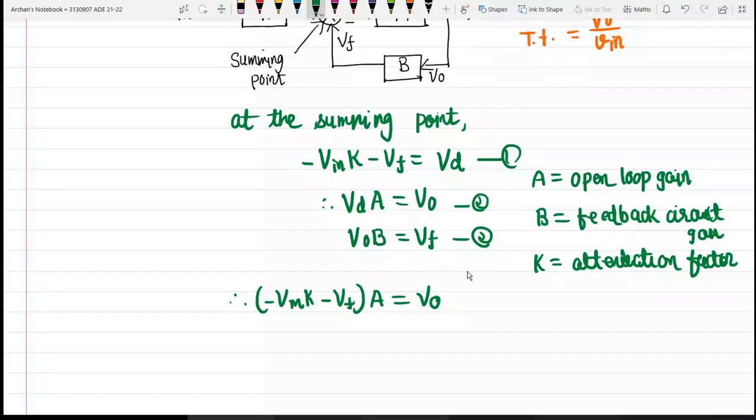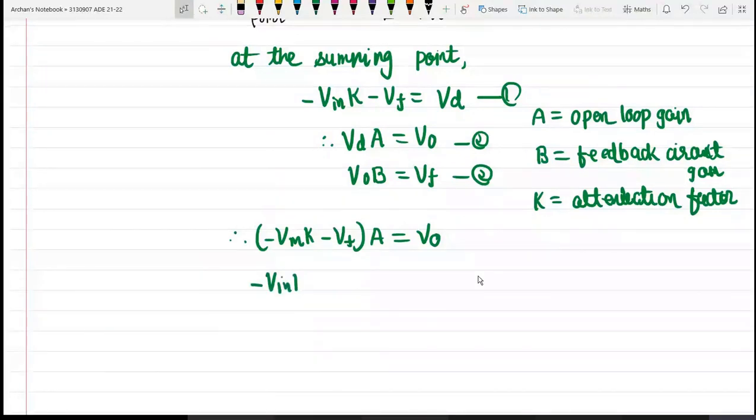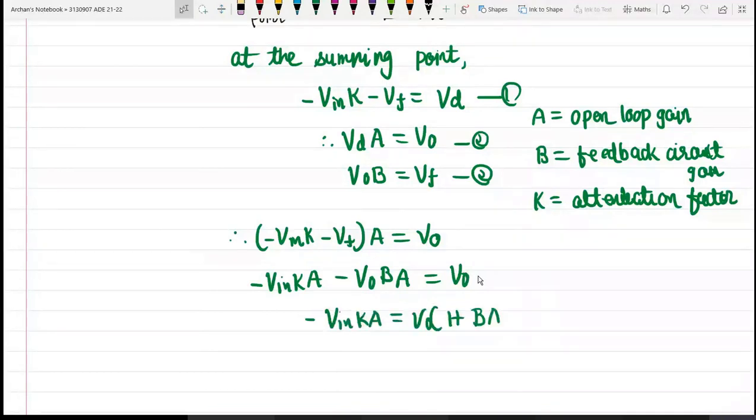okay, so I will justify this: Vin times KA minus Vf, where Vf is equal to V0 B times A, is equal to V0. Therefore, Vin times KA will be equal to V0 into 1 plus BA or AB.